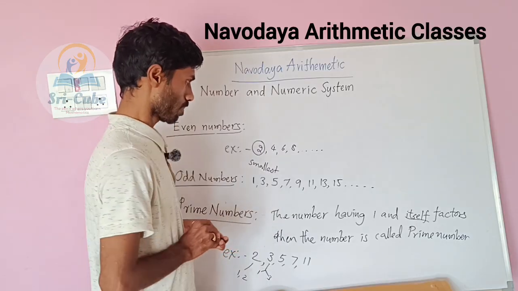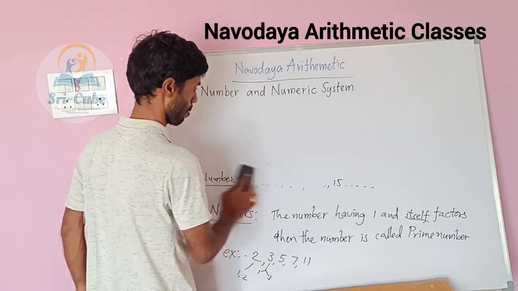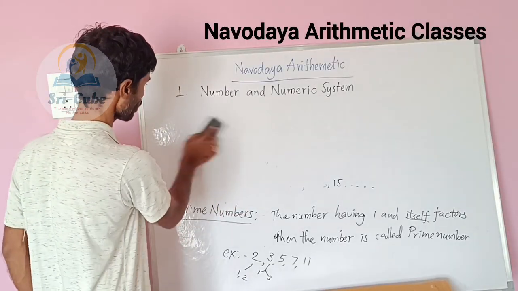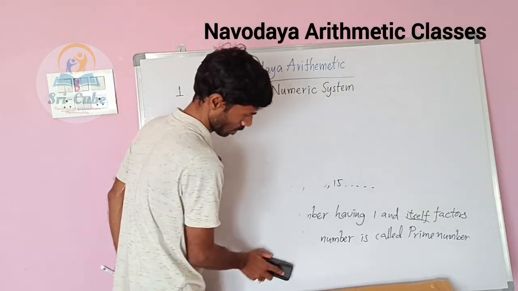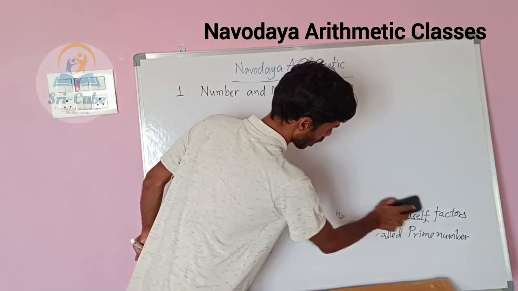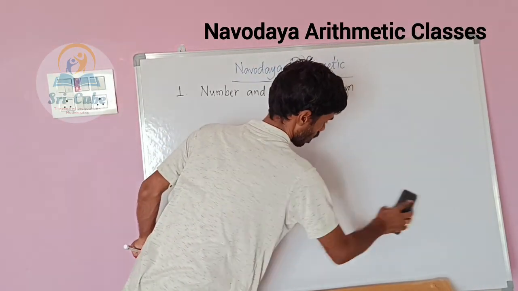Next another one. So in prime numbers, 2 is called the smallest prime number.